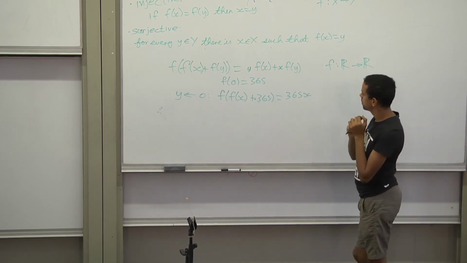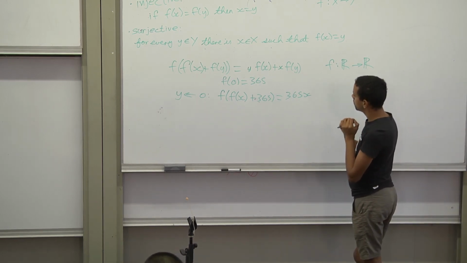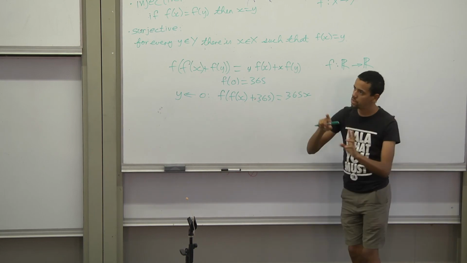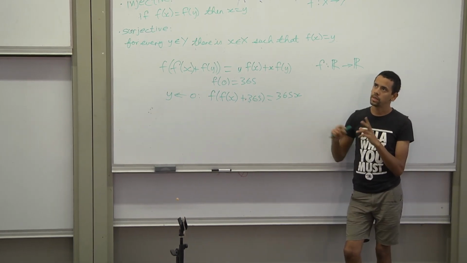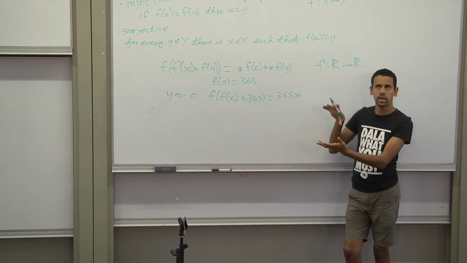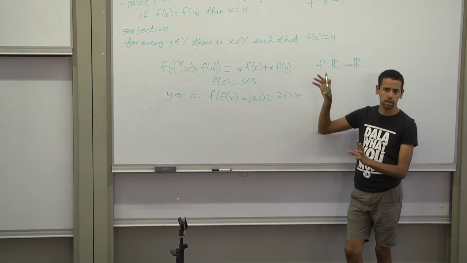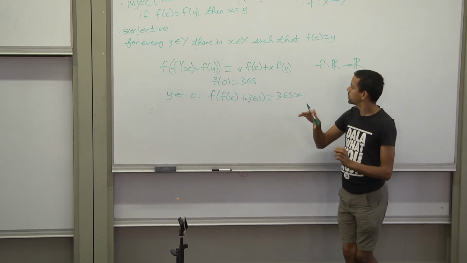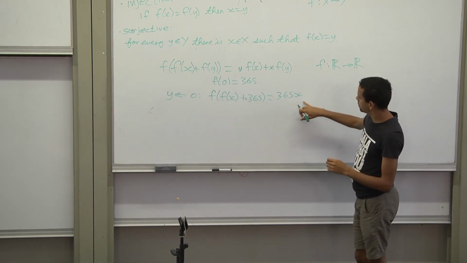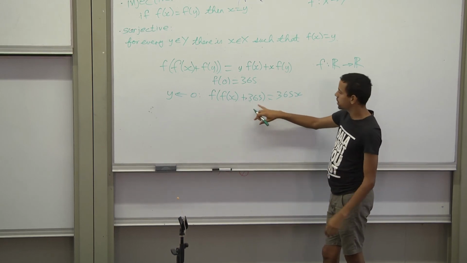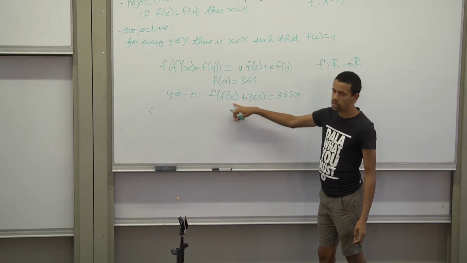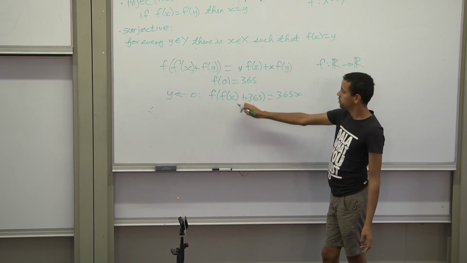Now, when you're doing surjectivity, it often helps to look at an equation and imagine varying the variables. On this side, you have f of something. That thing can change in some complicated way. You don't know what f is.